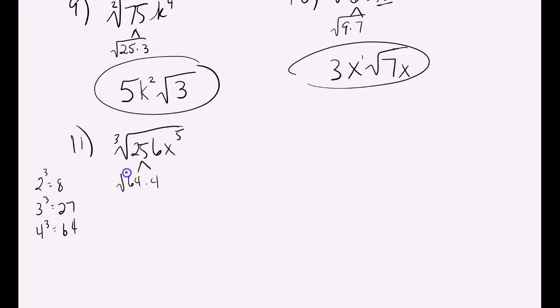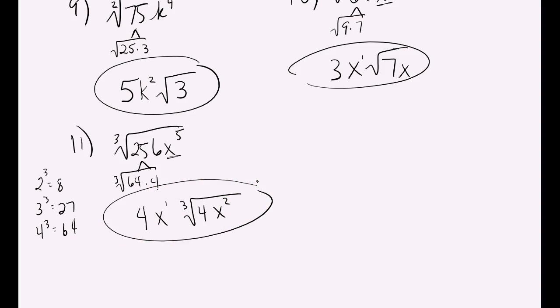I think I am, okay? So I'm going to do this. The cubed root of 64 is 4, and then the cubed root of 4 is left over, right? Okay, now I look at my variable. 3 goes into 5 1 time with a remainder of 2. So that would be how I do my answer. So once you get good at this shortcut, these become pretty doggone easy, okay?